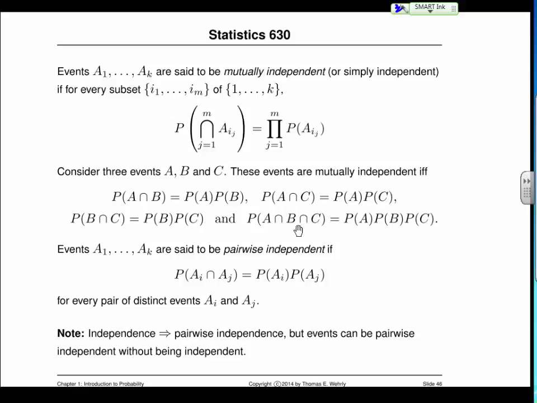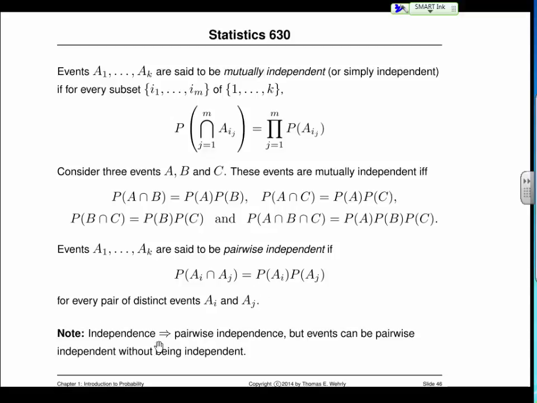So mutual independence, there are a lot of things to check. But if you assume it, then you have a lot of things going for you. Now sometimes, and as you'll find out on homework, you can have events that are pairwise independent, but not mutually independent.